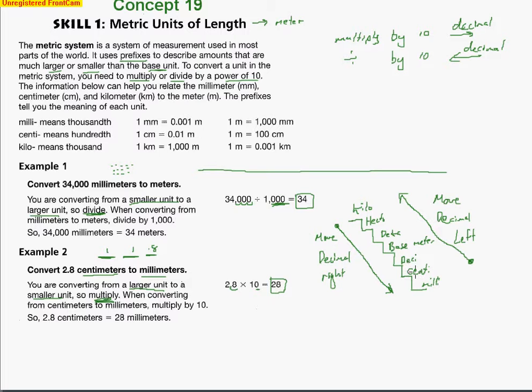So if I started at centi and I wanted to go to deci, then I'd move it 1 space to the left. Or in this case, let's go back up to this example here, where we were at millimeters, and I went up to meters. I went 1, 2, 3 spaces up, and so I ended up having to go to the left 3 spaces. That made 34.